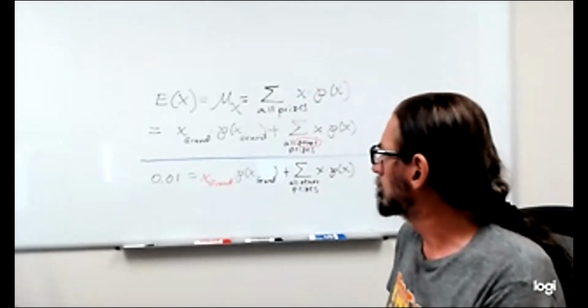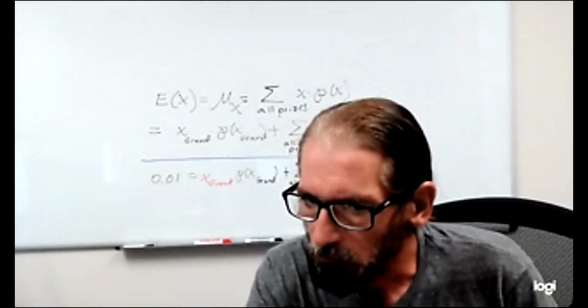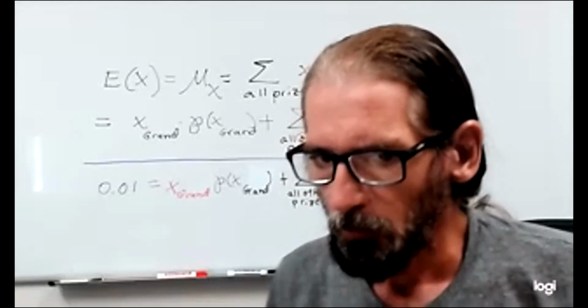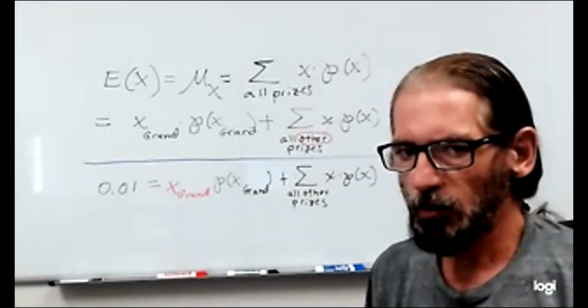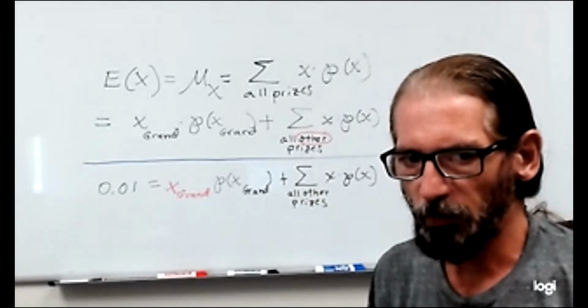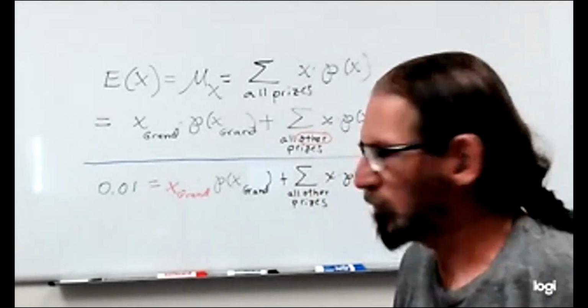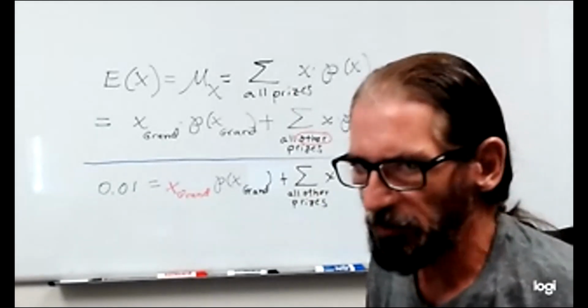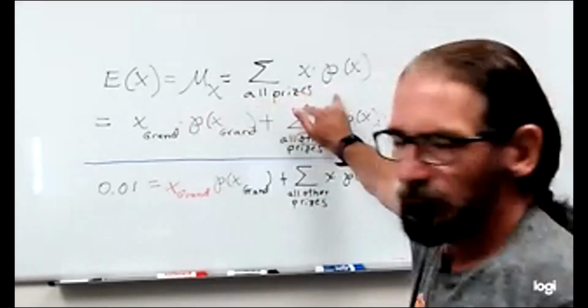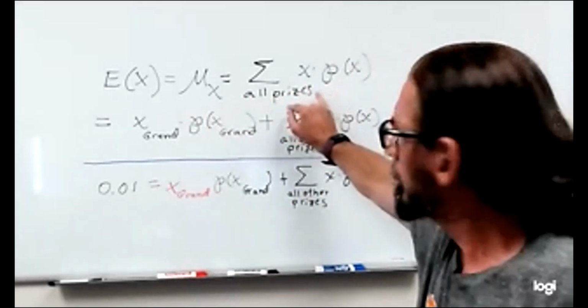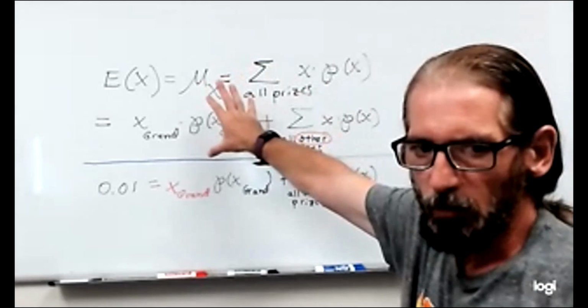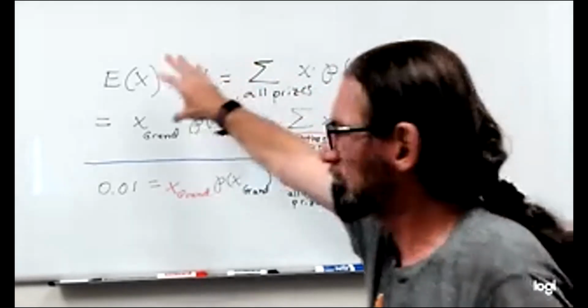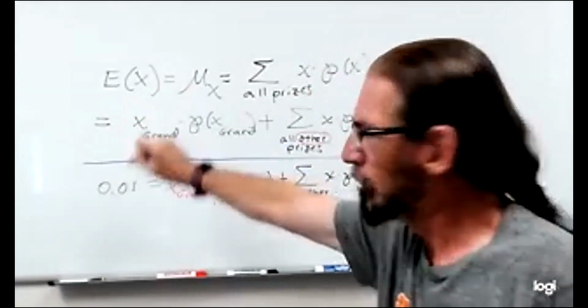Okay. This is a little heavy duty on the symbolics, but that's all right. I'm going to try to break it down, explain what's happening here. Here is our formula for the mean of the random variable, which is the same as the expected value.